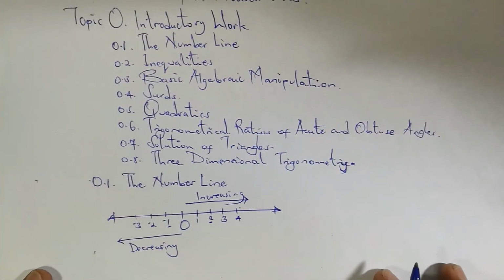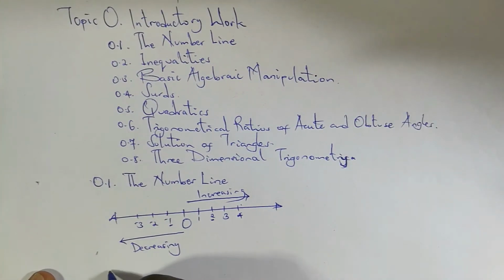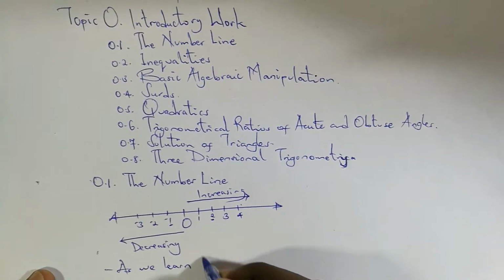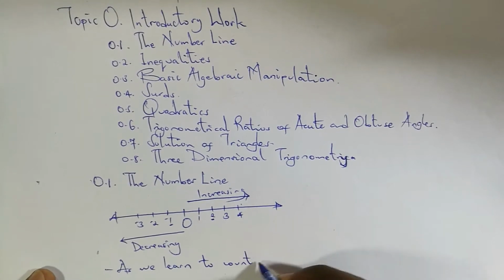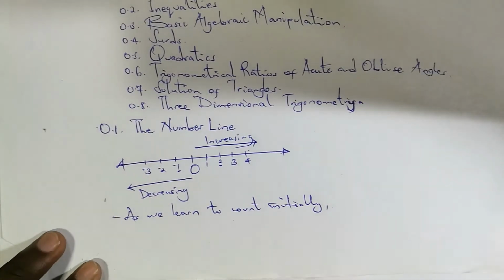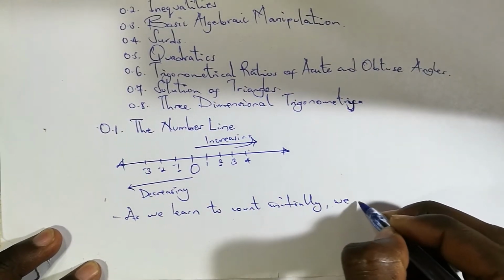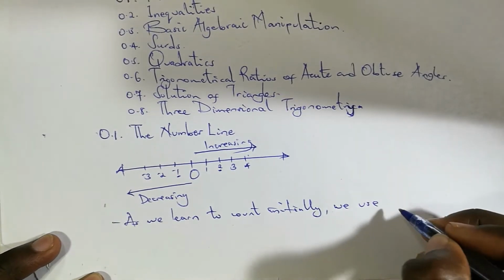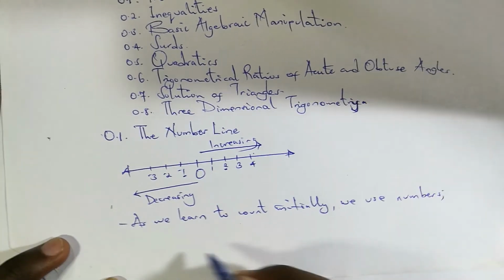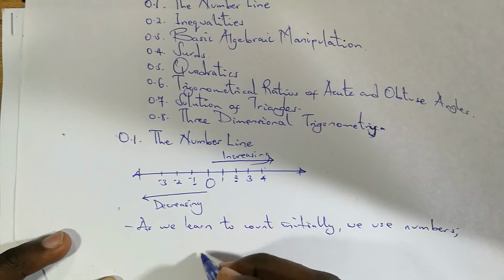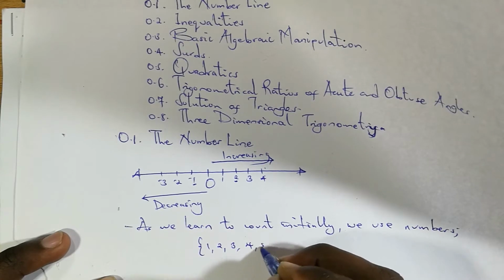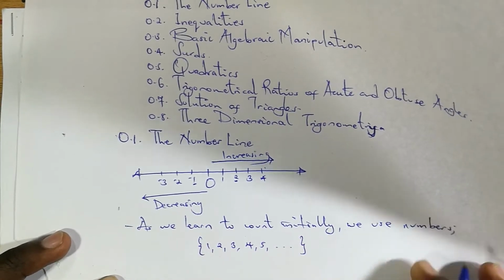Now, as we learn to count, initially we use numbers, that is numbers from 1, 2, 3, 4, 5 until where you can possibly end.